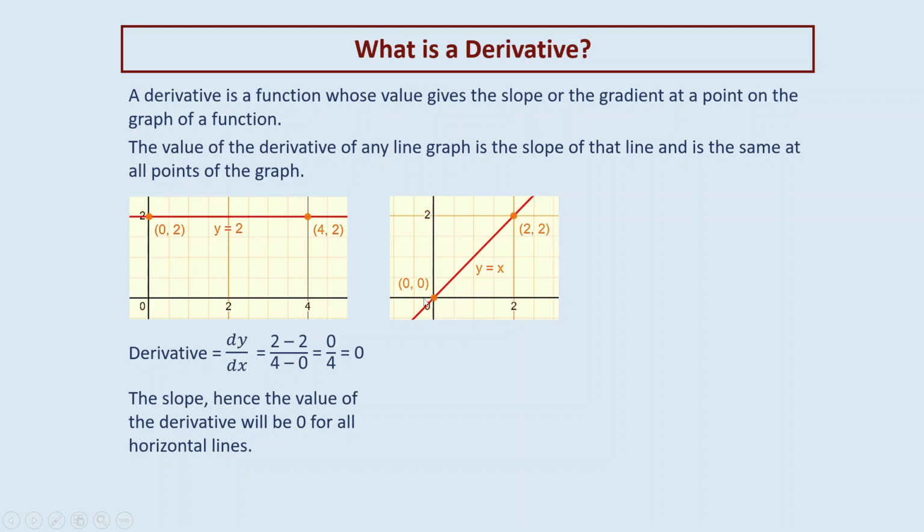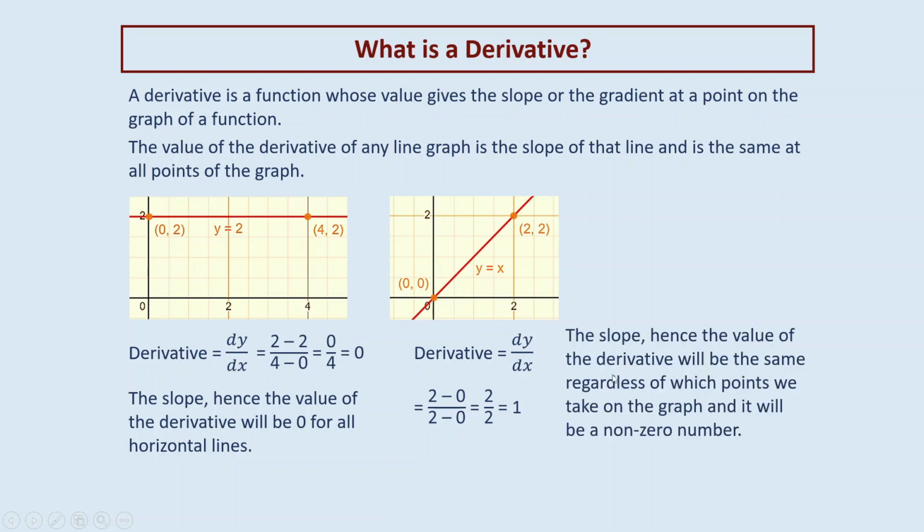I have taken (0, 0) and (2, 2). Therefore, the derivative dy by dx will be (2 minus 0) over (2 minus 0), which is equal to 1. So the derivative of this particular line function is equal to 1.